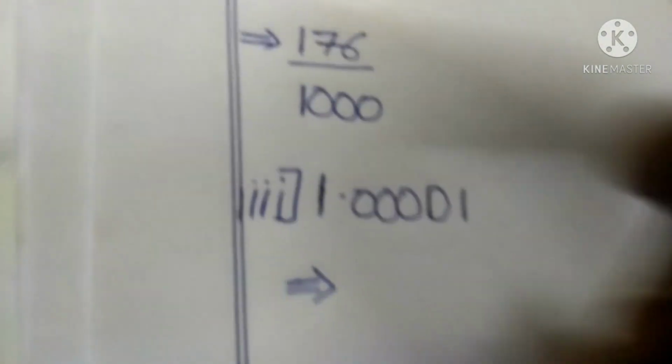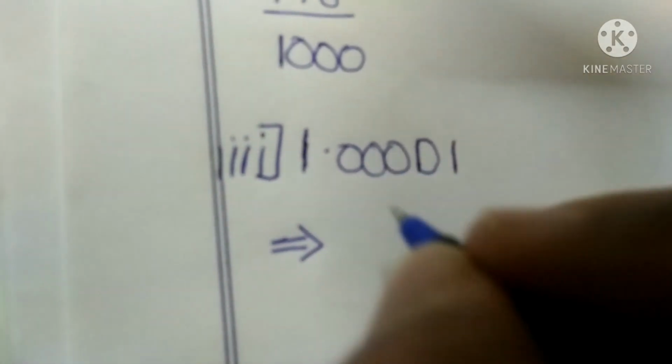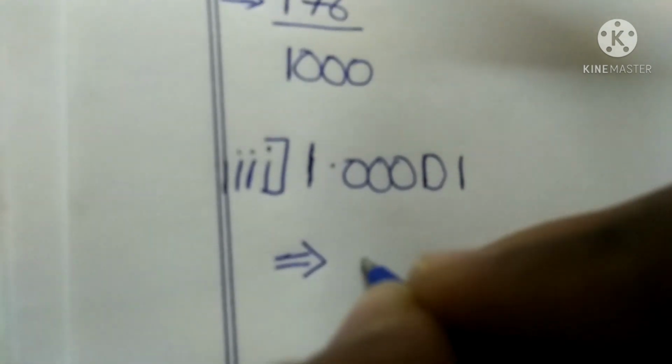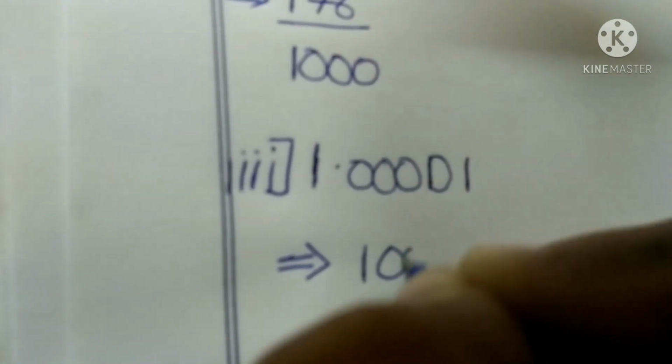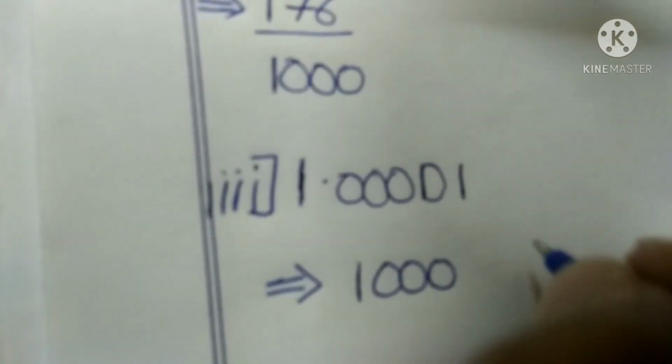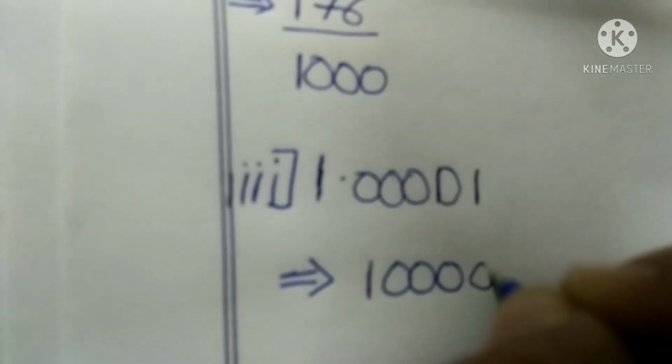In the third question, they gave 1.00001, which is at the lakhs place. So we will get 100,001 by 1 lakh.